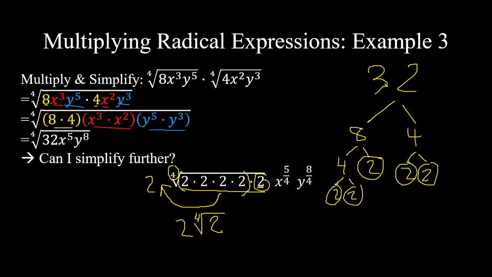So now I'm going to deal with this next piece, my x variable, and I know I can jump back and forth between exponent and radical form because they are inverse operations. So x to the fifth, that means I have 5 copies of x underneath the radical, but I need to take 4 out. And like we discovered, that just means we're dividing.